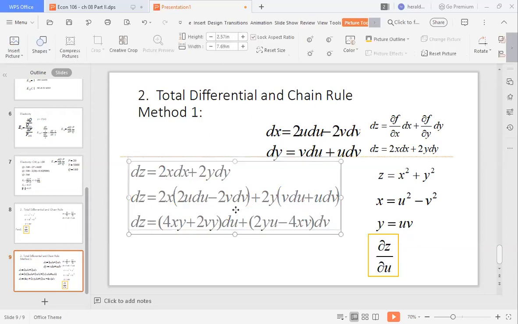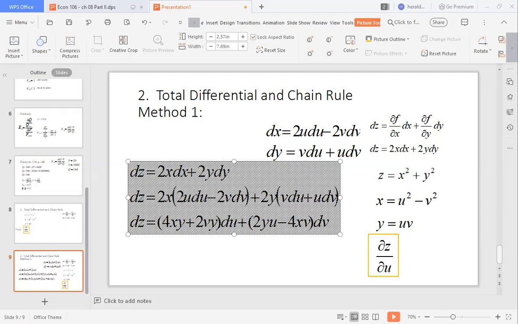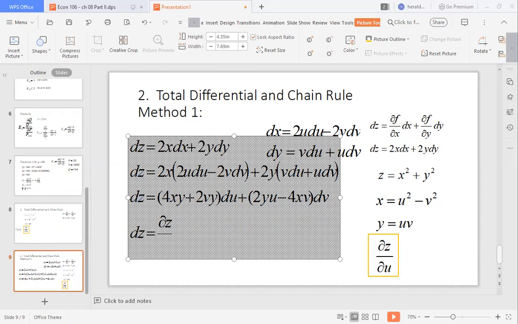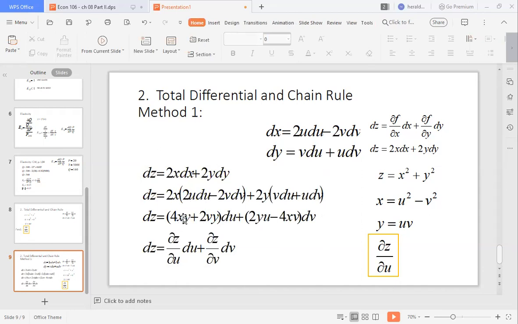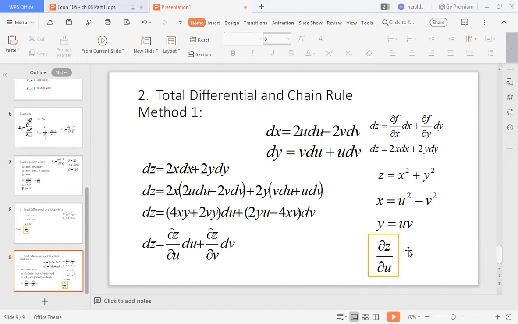Okay, so if you take a closer look, class, dz here is just partial z partial u times du plus partial z partial v dv. So in general, this is just partial z partial u, and this in general is just partial z partial v. So the partial z partial u is just equal to this one here.